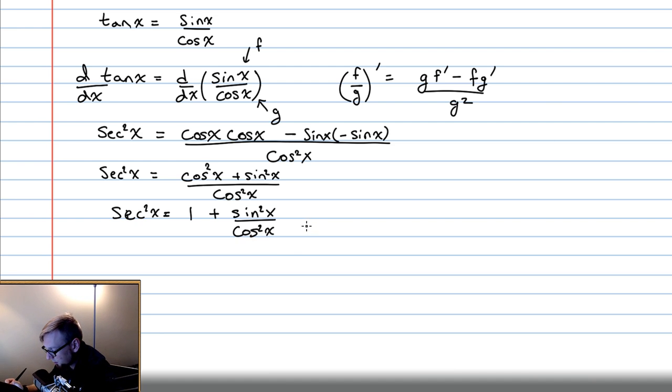Sine over cos is tan. So we've got secant squared equals 1 plus tan squared. We used derivatives to find a new identity. This is one of those regular identities.